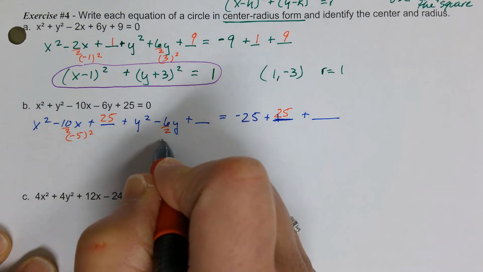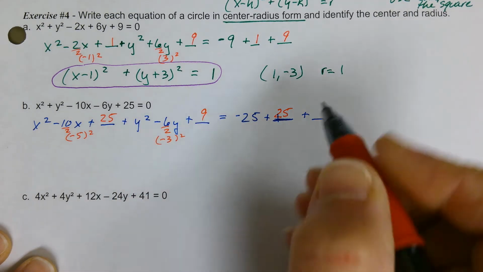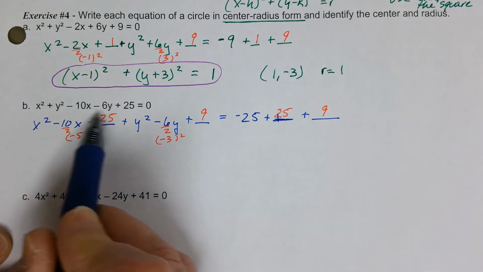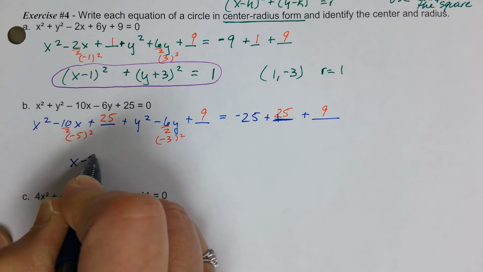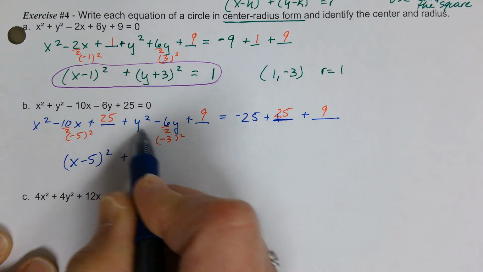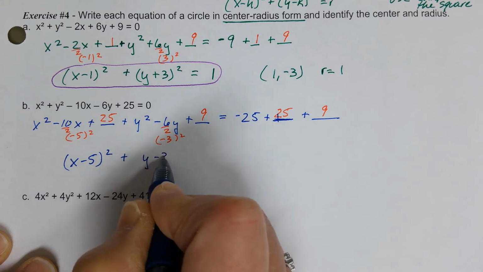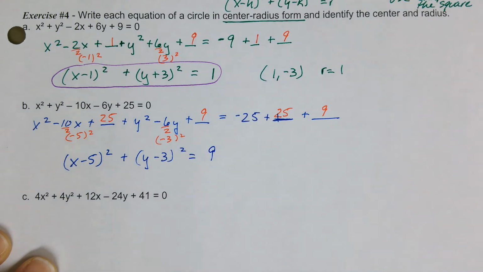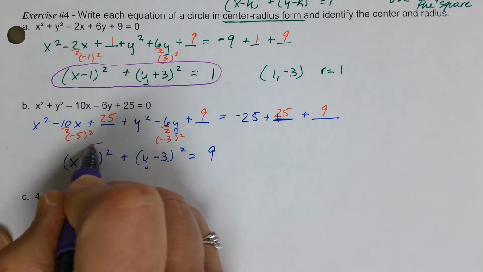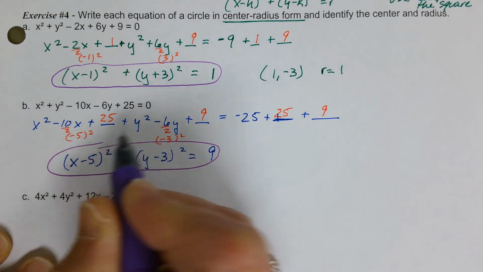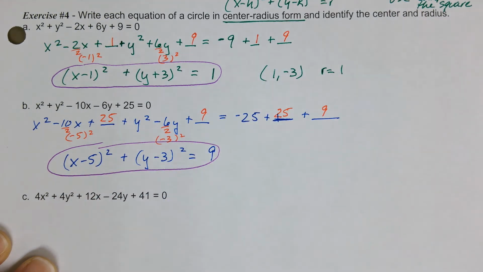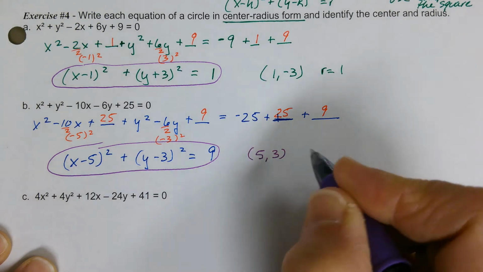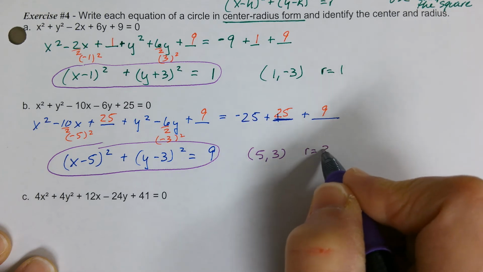And divide by 2, negative 3 squared is 9. We've created a trinomial here that factors into x minus 5 squared, and a trinomial here that factors into y minus 3 squared, and equals 9. This is our equation of our circle in center radius form. Its center is 5, 3, and the radius is the square root of 9, which is 3.